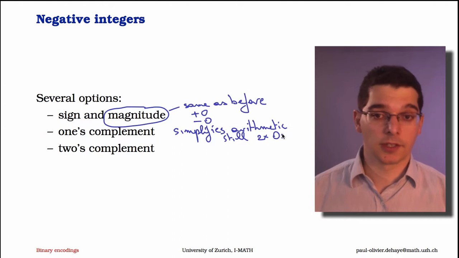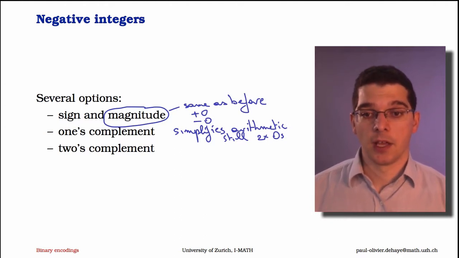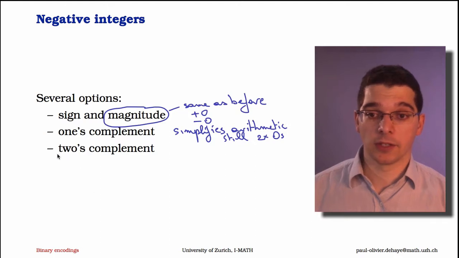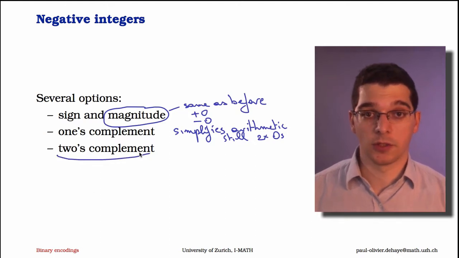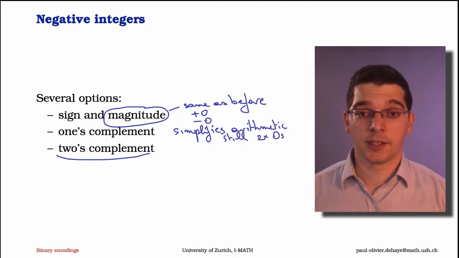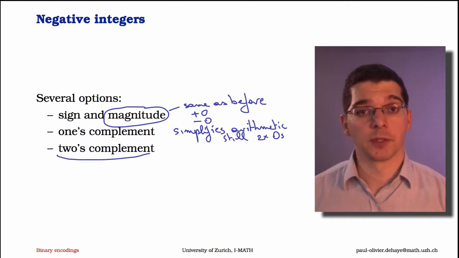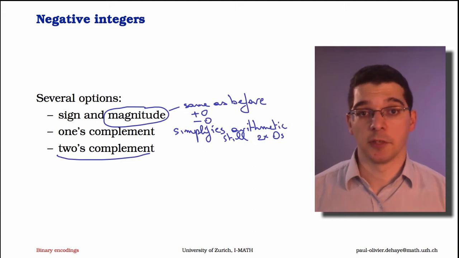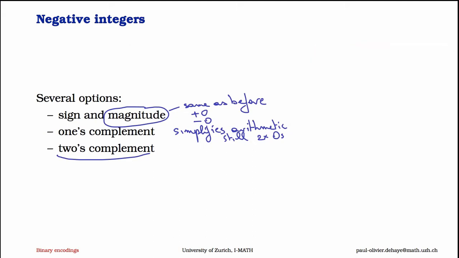There is a positive 0 and a negative 0. To mitigate this, another convention was invented, called 2's complement, which is used in modern computers. And this prevents both problems. So you have just 1 zero, and the arithmetic is much simplified. So let's see only 2's complement in more detail.